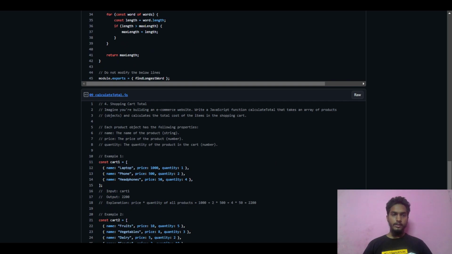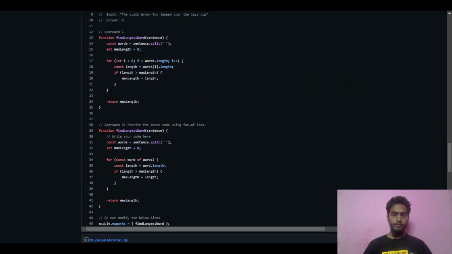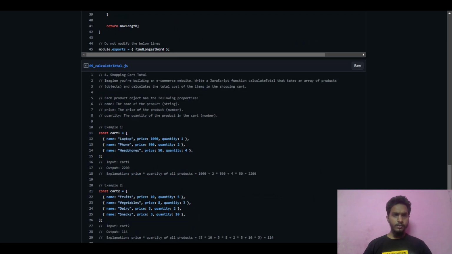So this is the third problem, calculate total. This is also from the improvise perspective coding problems. Here we have to imagine we are building an e-commerce website. We have to write a JavaScript function calculateTotal that takes an array of products which are objects and calculates the total cost.